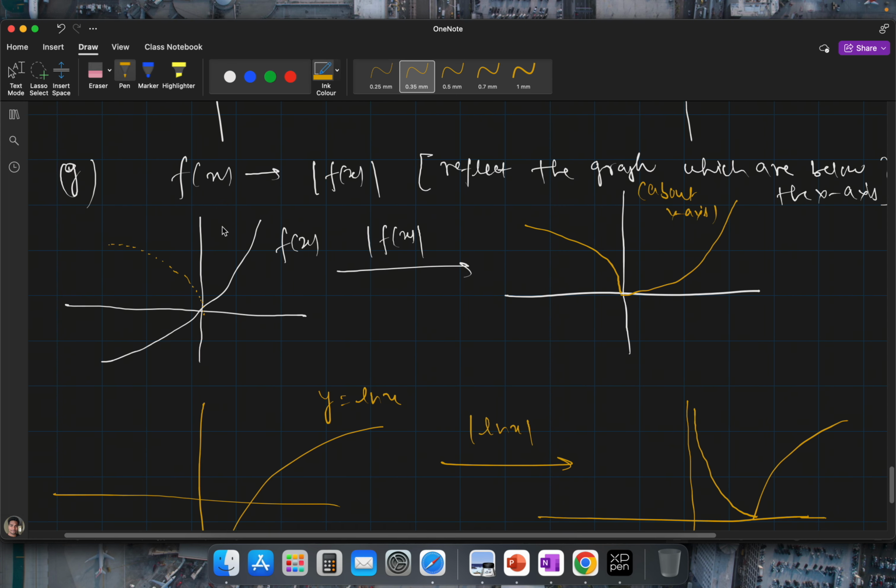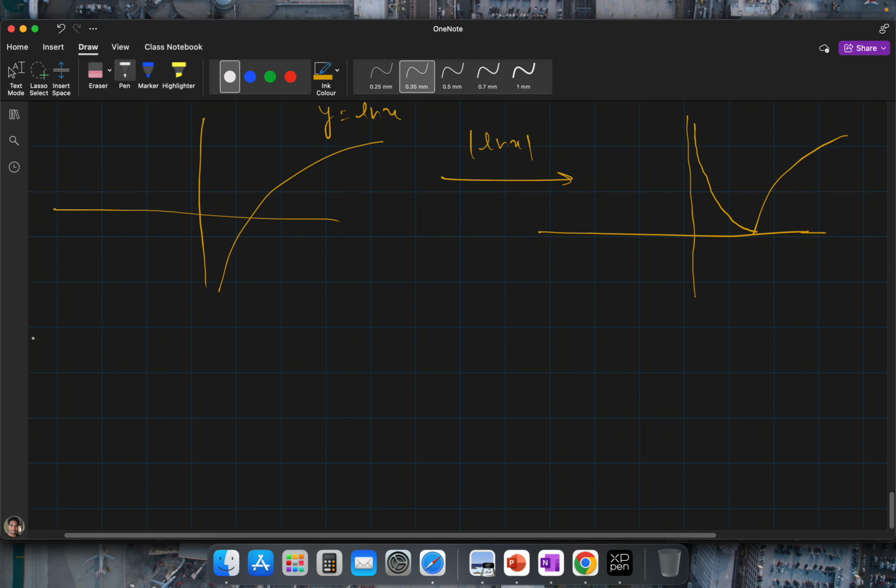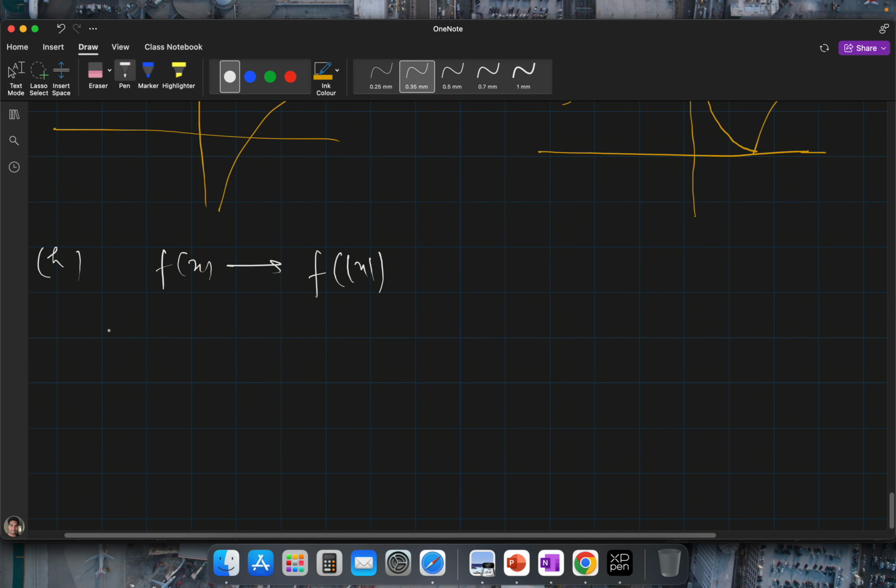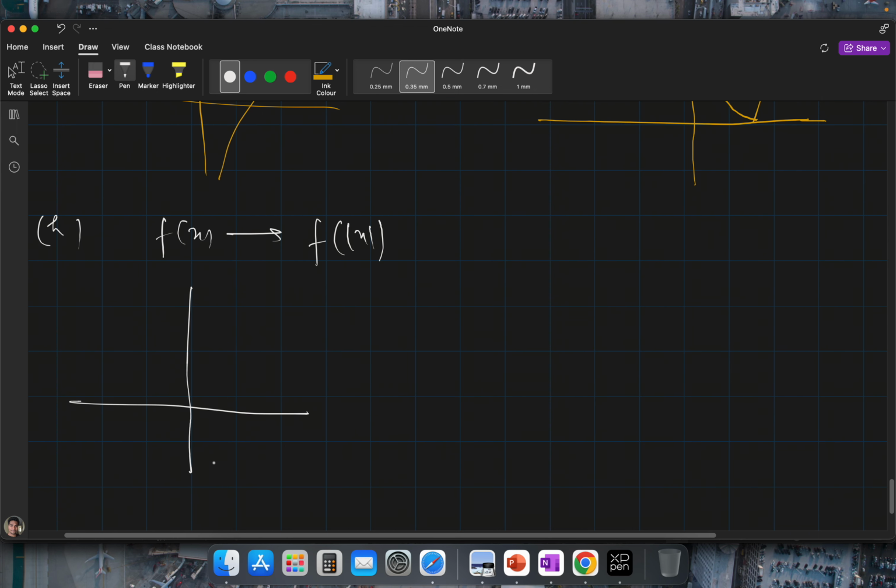Now take case h. If I want to change f(x) to f of mod x, then what will happen? I'm taking the same case, y equal to ln x.